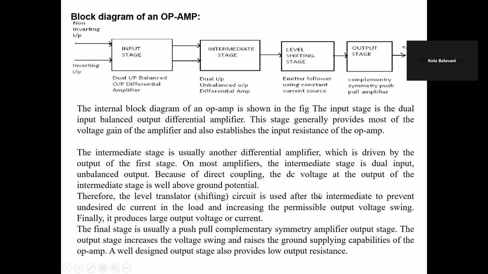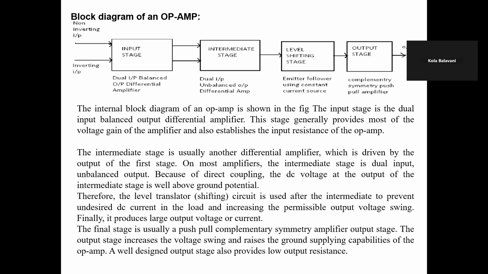It is used after the intermediate stage to prevent the undesired DC current in the load and to increase the permissible output voltage swing. For this stage, we are using the emitter follower with a constant current source. It shifts the signal received from the intermediate stage, and the output of the level shifter is given to the output stage.